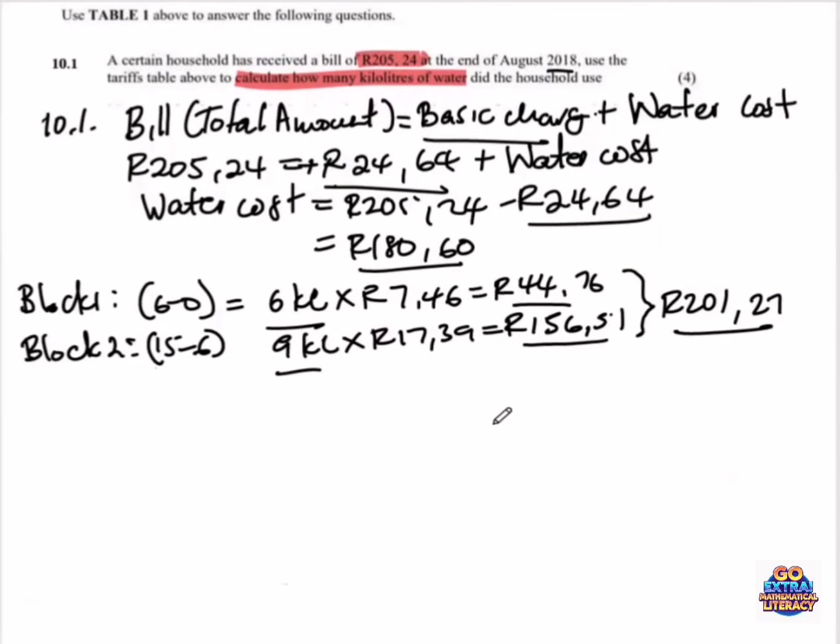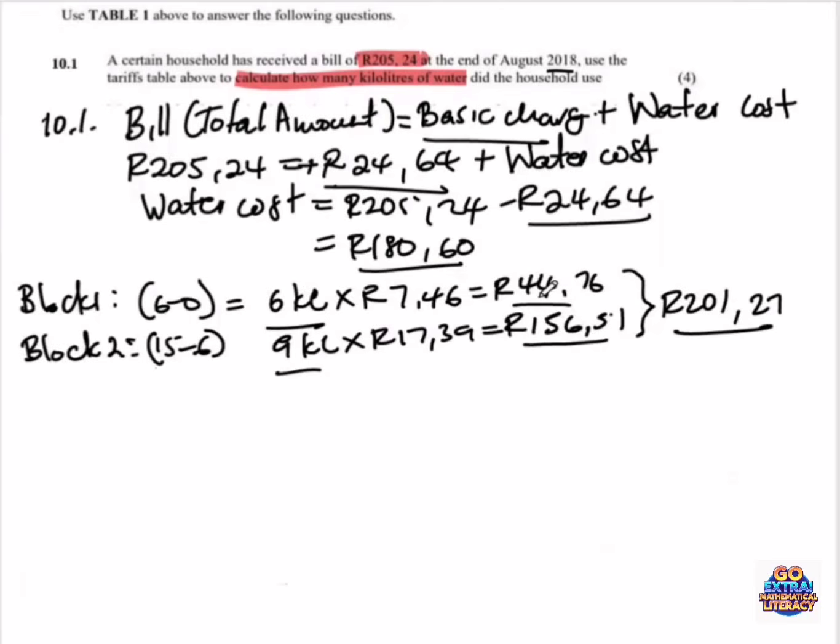You must find a value such that if you add these two values, they must give us 180, but now it goes beyond 180.